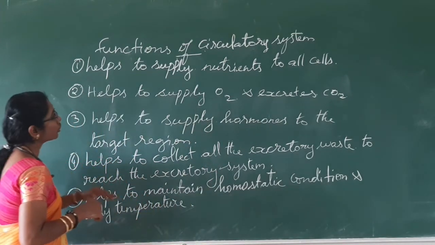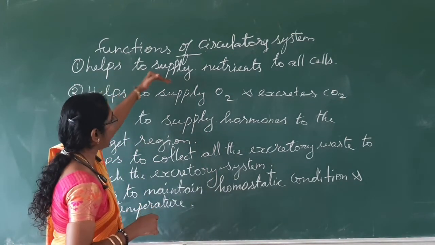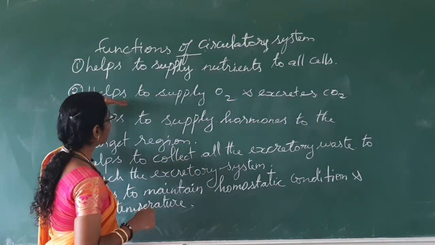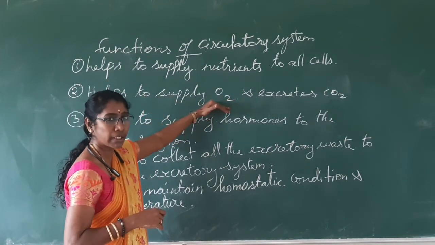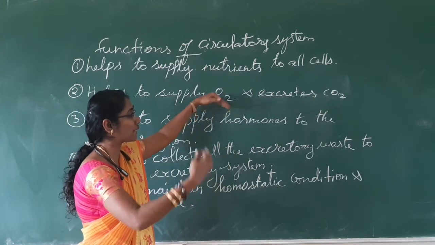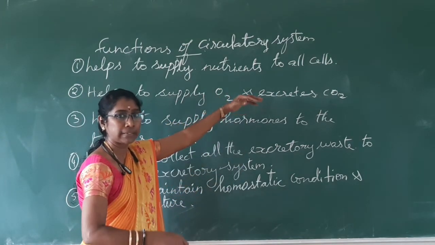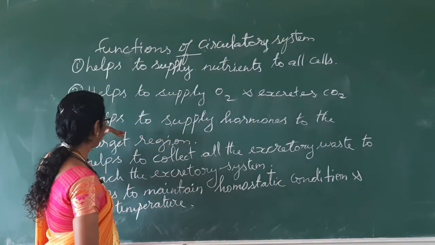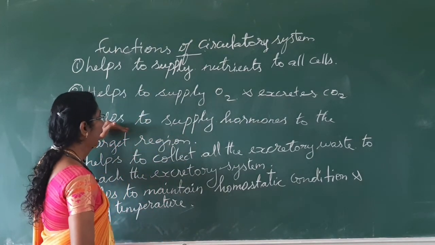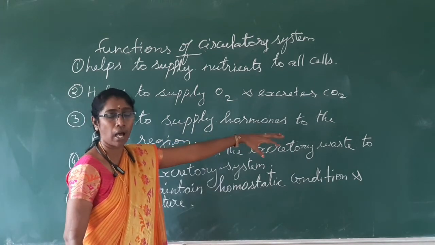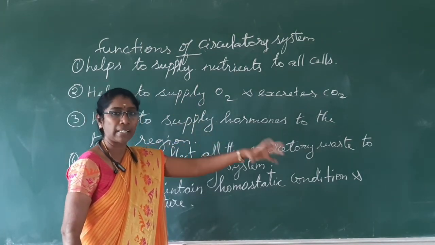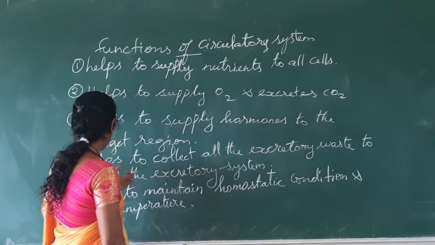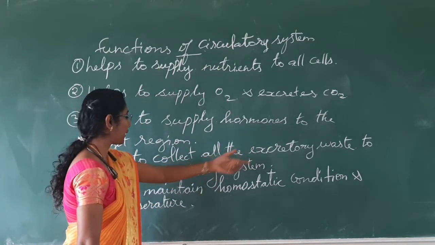So the functions of the circulatory system are: it helps to supply the nutrients to all cells. Next, it helps to supply oxygen to all the cells and collects carbon dioxide as an excretory waste from the cells to the excretory organ. Next, it helps to supply hormones secreted by the endocrine glands to the target region, and next helps to collect all the excretory waste.